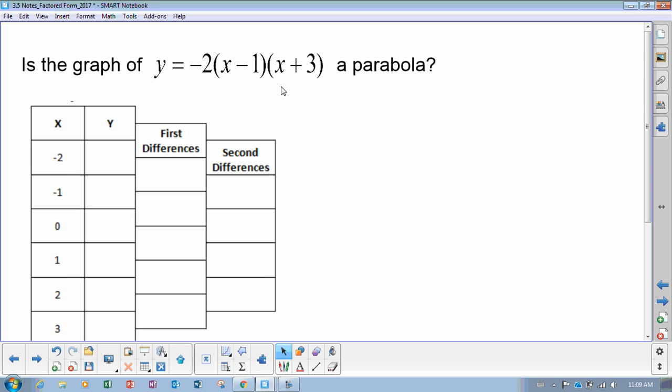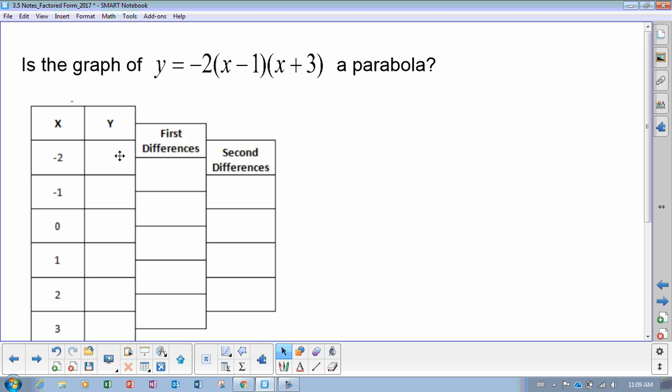So we have two different brackets. We can't immediately see that there's a squared here. However, we have two x's that are going to be multiplied by each other. So let's prove that it's actually a parabola. When I fill in my table of values, when x is -2, if I were to substitute -2 into those brackets, we're going to have -3 in the first bracket, 1 in the second bracket.